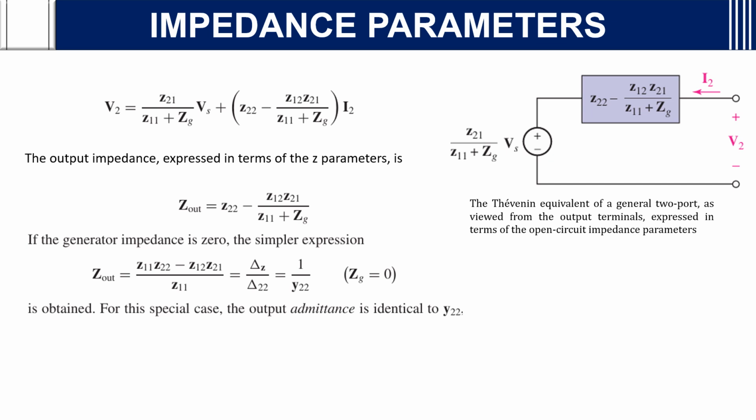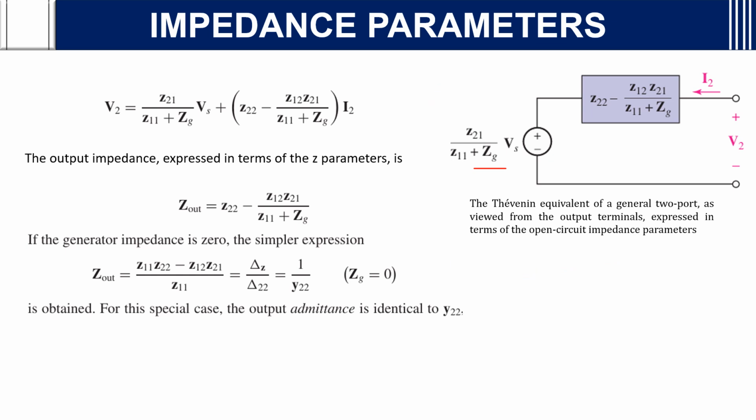Now, if you see here, on the right side there is a network where the Vs source is Z21 by Z11 plus ZG. ZG is nothing but generator impedance. Then this is a network where the resistance is Z22 minus Z12 Z21 by Z11 plus ZG.